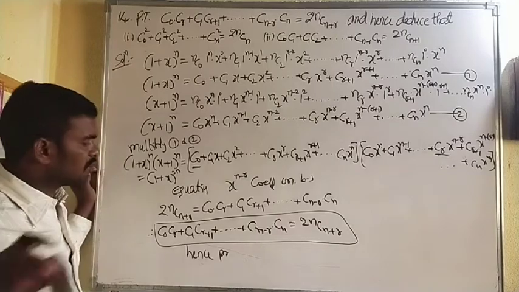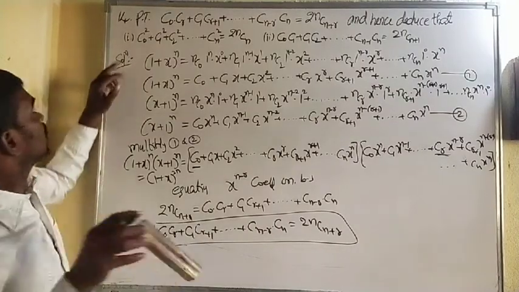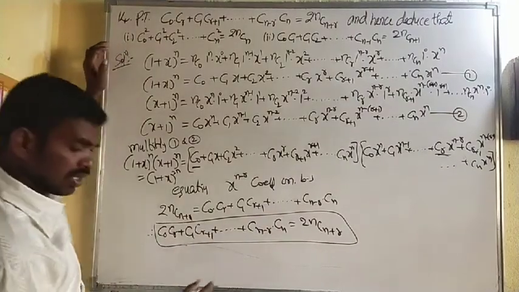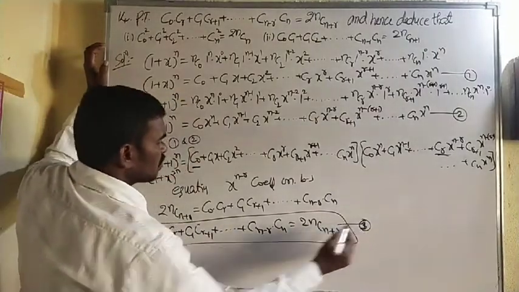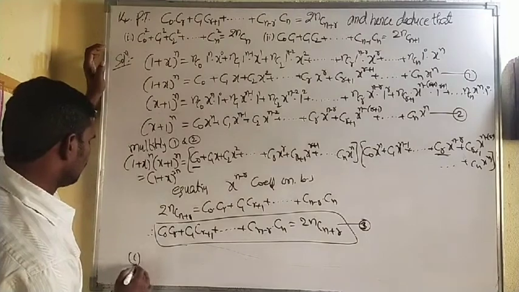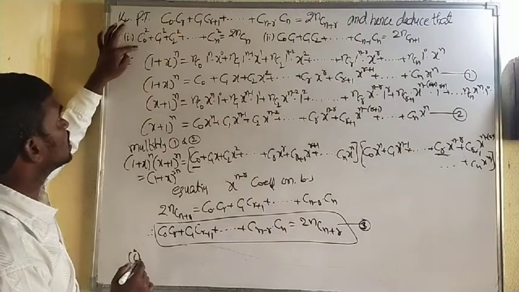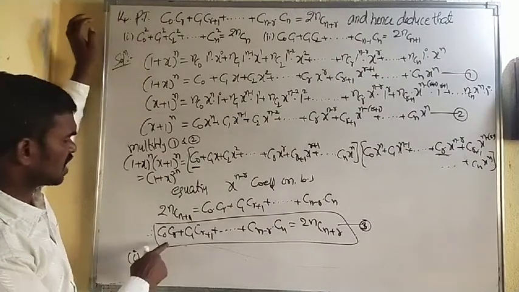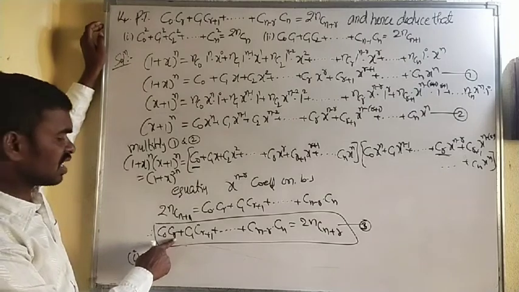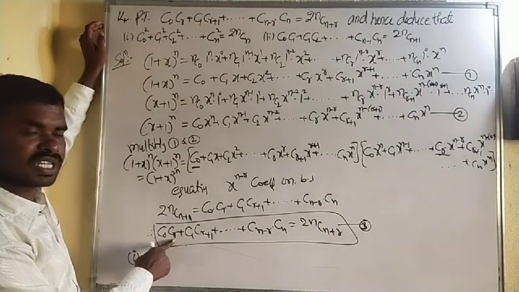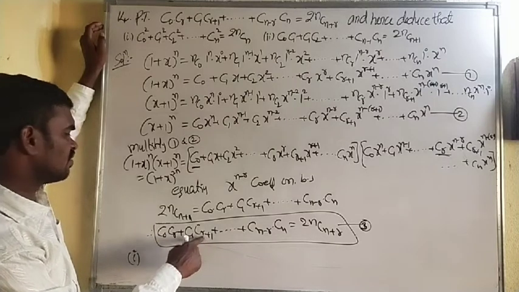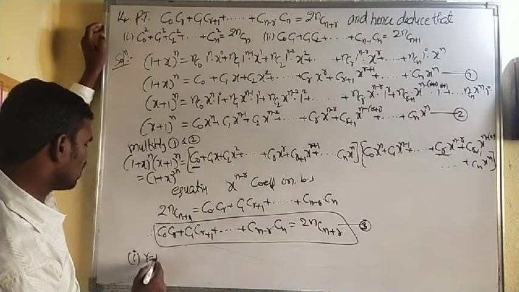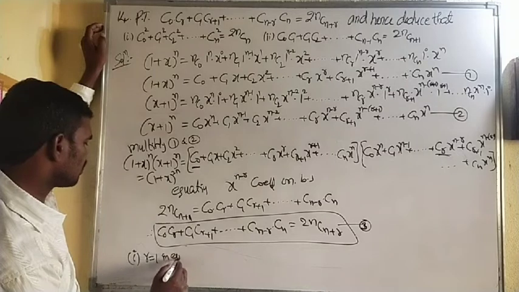Next, not completed, sorry, one more question is there. The first one is equation 3. For the first problem, to get c0 squared, c1 squared, c2 squared, observe here. If r equal to 0, c0 into c0 becomes c0 squared; c1 into c1, and so on. Take r equal to 0 in equation 3.